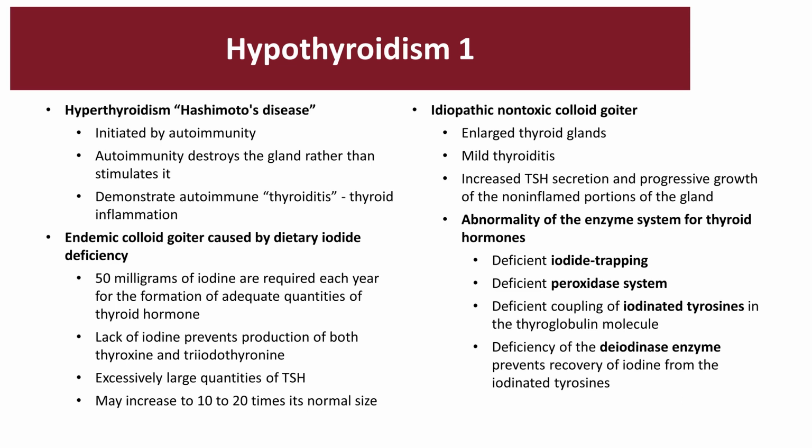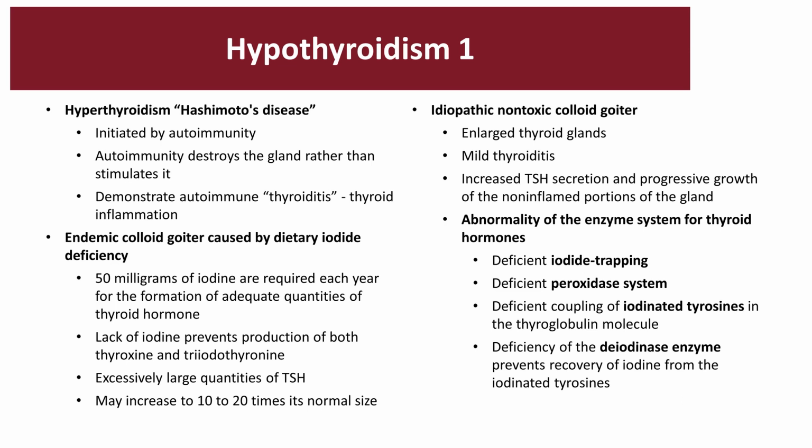Idiopathic non-toxic colloid goiter is when there's an enlargement of the thyroid gland, and this is usually a mild thyroiditis, when there's inflammation of the thyroid gland. There is also going to be an increased TSH secretion. It is believed that the abnormality is due to the enzyme system. So, for example, there could be a deficiency in a patient's ability to iodide trap. Therefore, the iodine is not pumped into the cell.